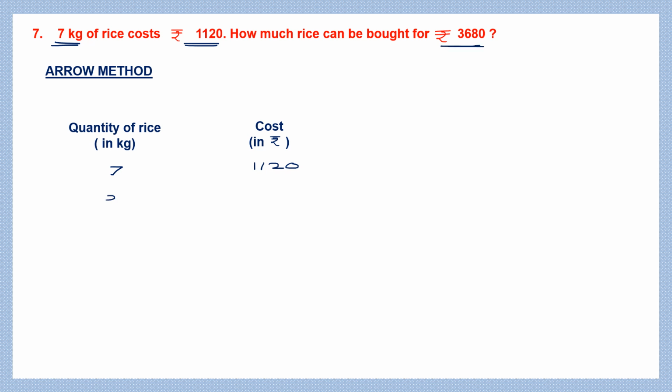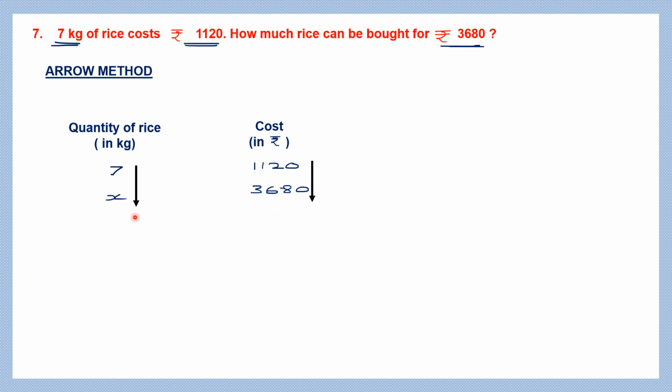That means we don't know how much rice can be bought for the amount 3680 rupees. So again, since the amount is increasing, the quantity of rice will also increase. That means it's direct variation. So both the arrow marks should be pointing in the same direction.